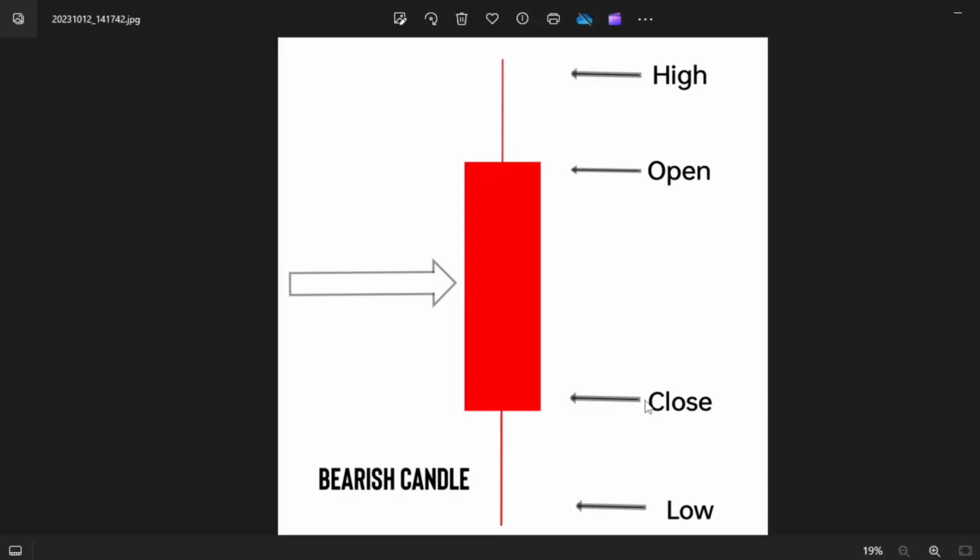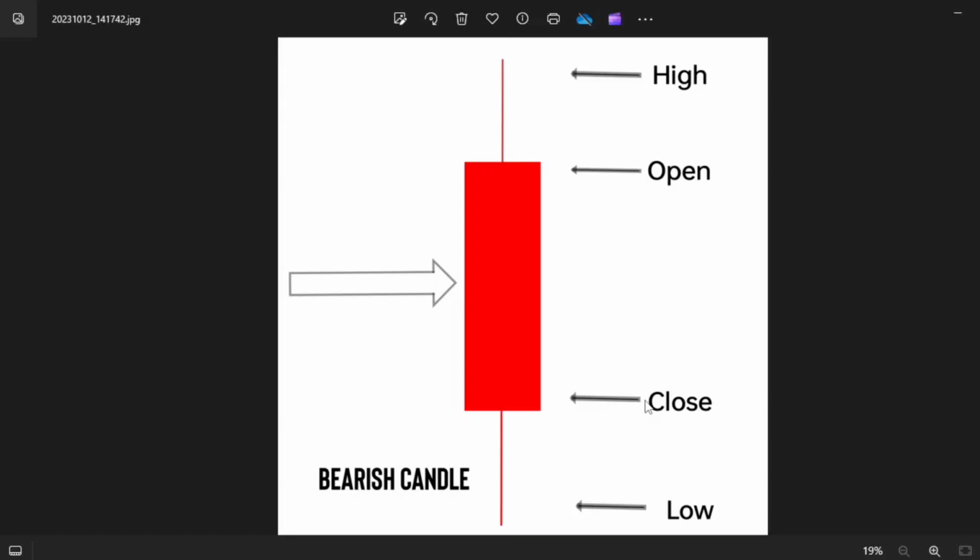It communicates a totally different message, even though it is the same candle. We'll go into it in detail, but I just want you to understand the concept. The way to know a bearish candle is when a candle closes below where it opens. That is the example you are seeing on your screen.